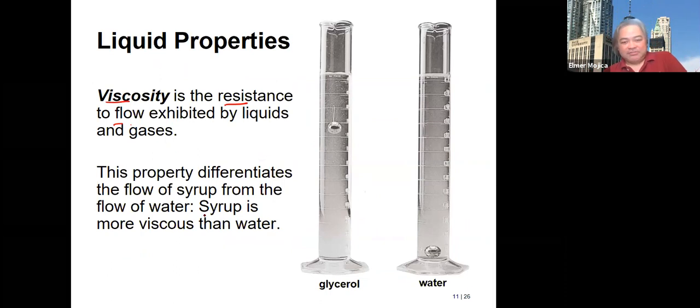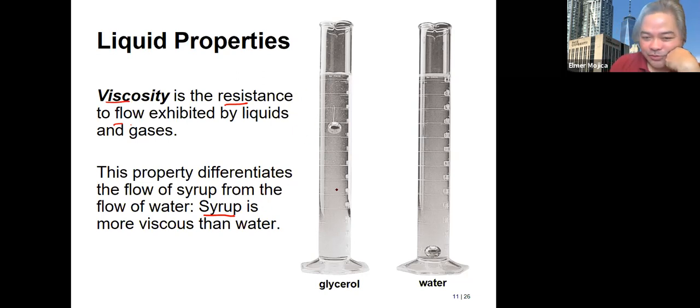And this is best exemplified if you take your breakfast, if you're eating pancake, okay, and you add syrup on that pancake. So you will see, okay, if you're going to place glycerol and water, and you're going to let a metal bearing fall at the same time, the flow of the one in the glycerol is slower compared to the one with water because of what we call viscosity.